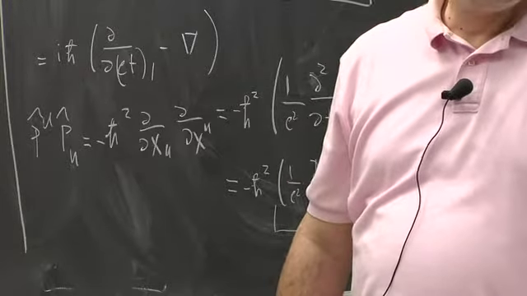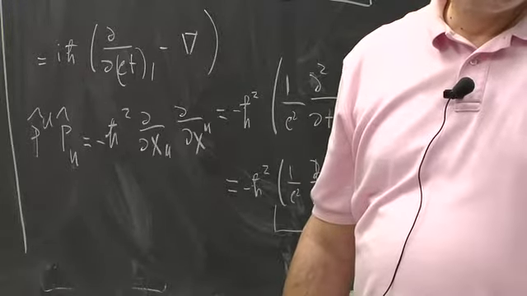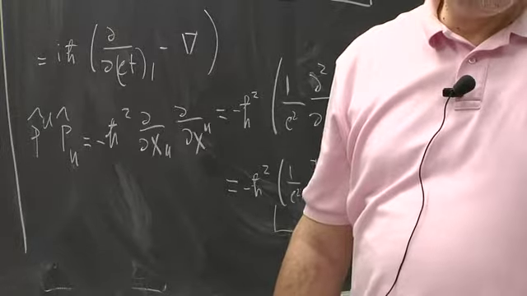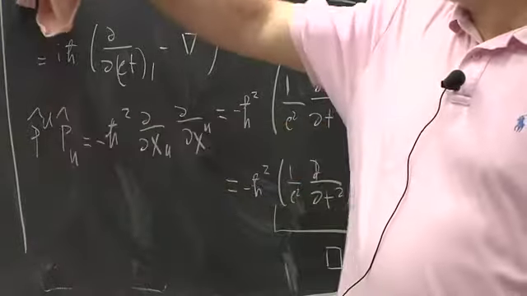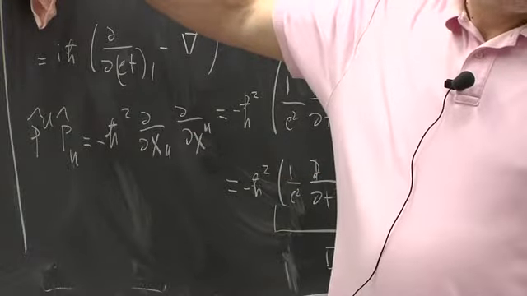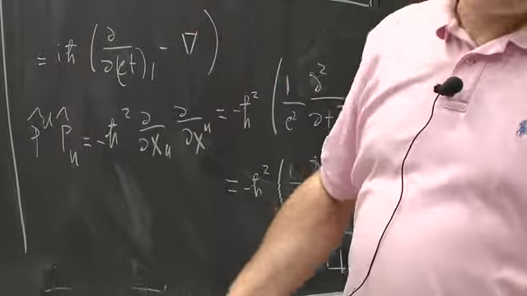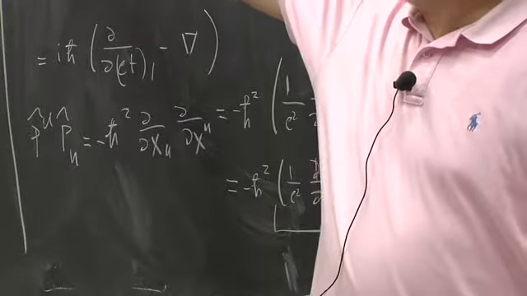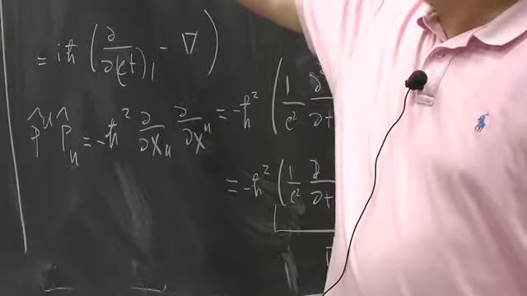Previously, we defined momentum as dx by d tau, where tau is the proper time. Right, but that is a C number. This is an operator. I mean, this is a definition of an operator. It has nothing to do with the P mu that we defined as dx d tau.